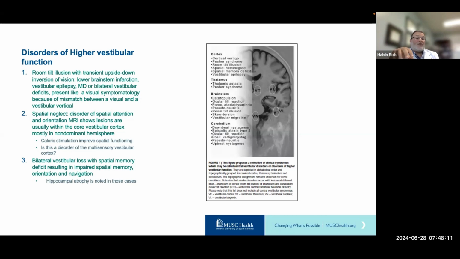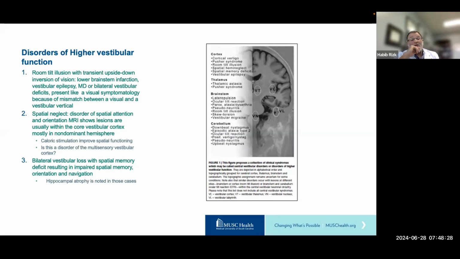And the room tilt illusion, with transient upside down inversion of vision, is traditionally attributed to lower brainstem infarction or vestibular epilepsy. But recent studies have shown that it has been described in some Meniere's disease patients or bilateral vestibular deficit patients.